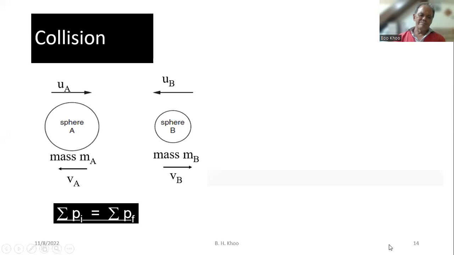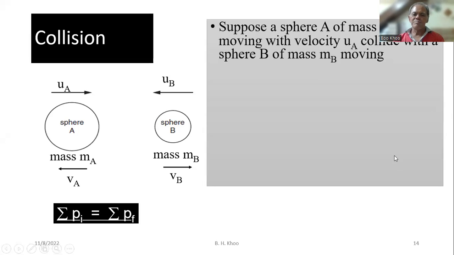Okay, collision. Suppose sphere A, of mass MA, is moving with initial speed UA, and the final speed is usually the speed after collision.